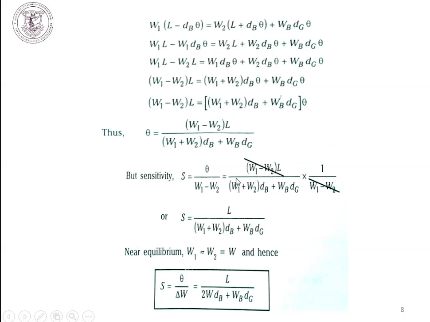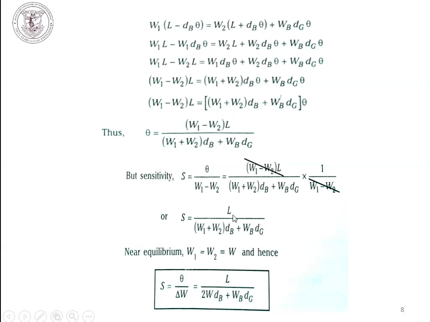So we know that sensitivity is equal to theta divided by the change in weight, that is W1 minus W2. So we substitute this theta value into this particular equation. Then we can cancel W1 minus W2 from both numerator and denominator.